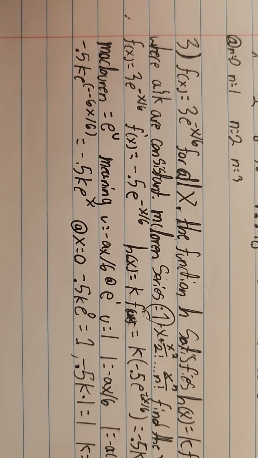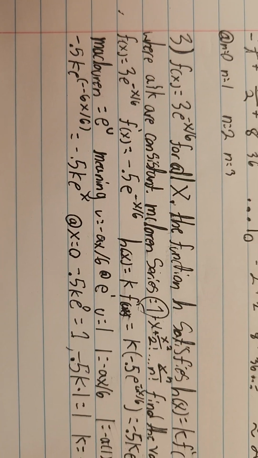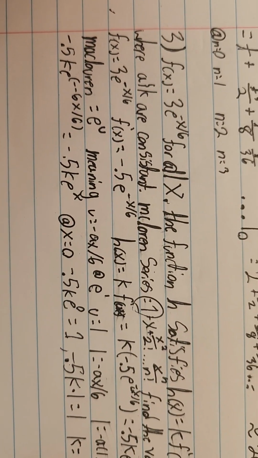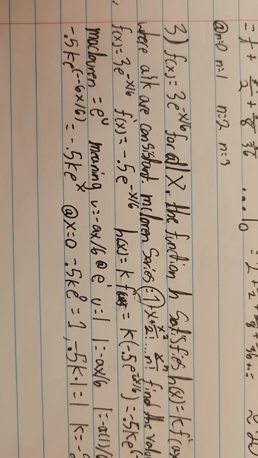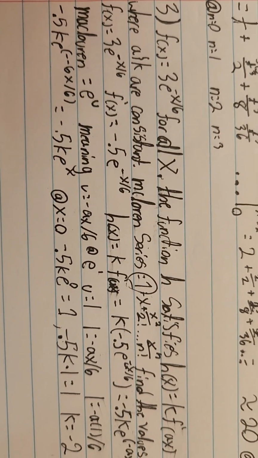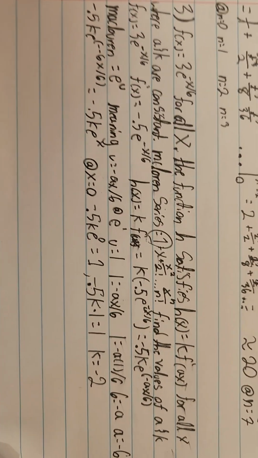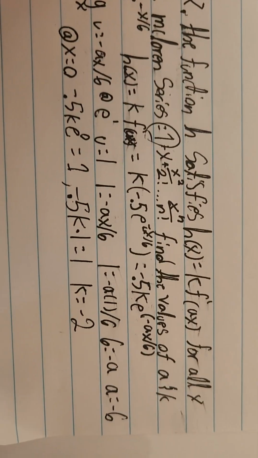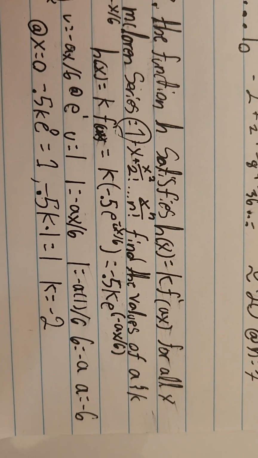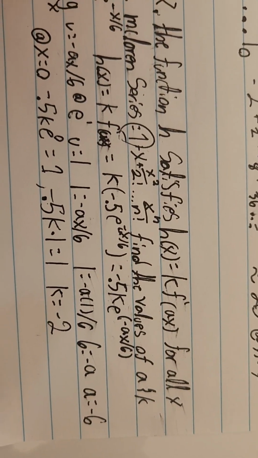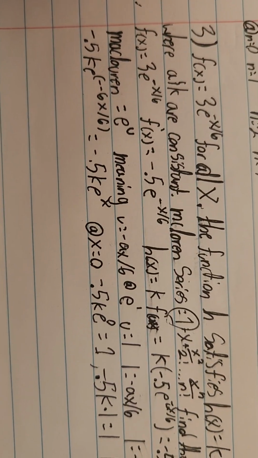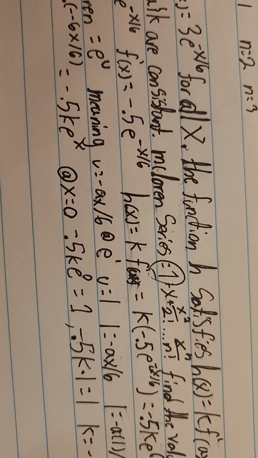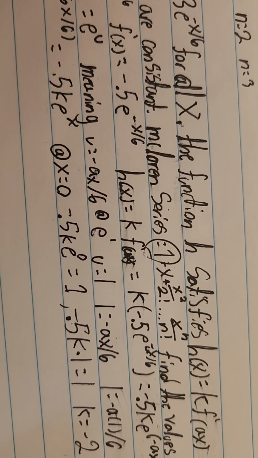The last question states that f of x equals 3e to the negative x over 6 for all x. The function h satisfies h of x equals k times the derivative of f of ax for all x, where a and k are constants. The Maclaurin series for h is 1 plus x.